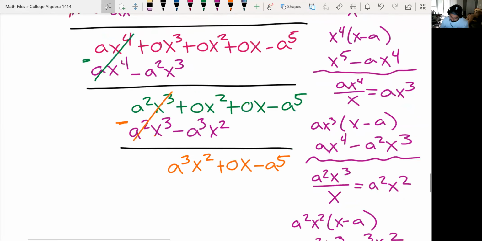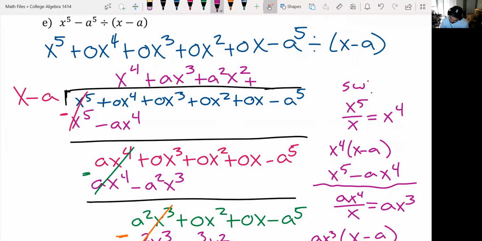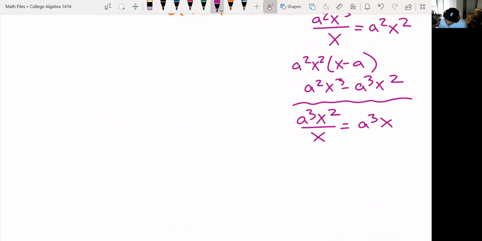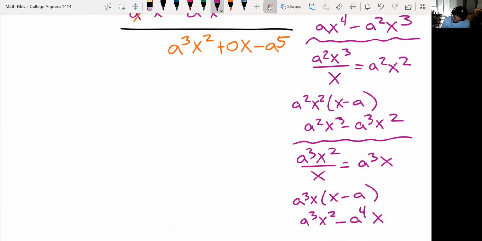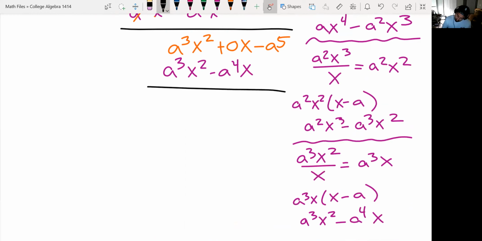A cubed x. All right, still going. So now these cancel, and once again, 0 minus minus.